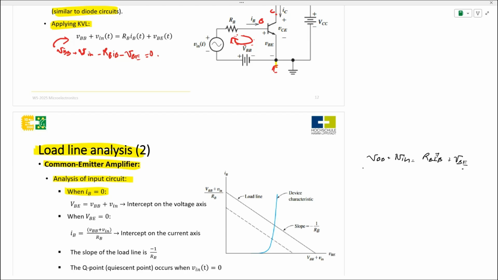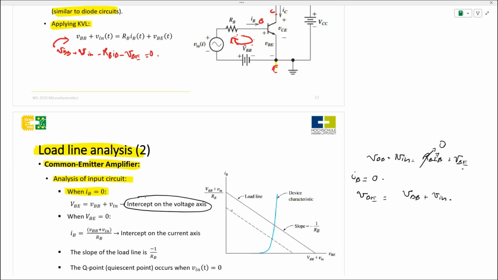So let's analyze the input circuit. When IB equals 0, the RB IB term will be 0, and our VBE will simply be VBB plus Vin. Based on this, we have an intercept on the voltage axis.